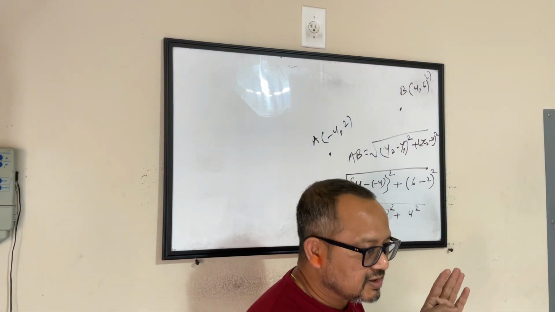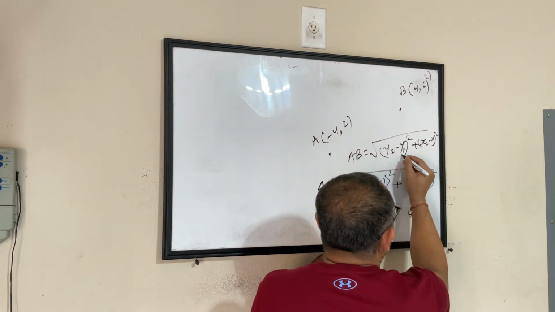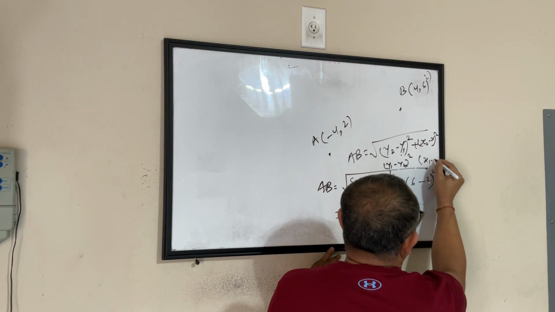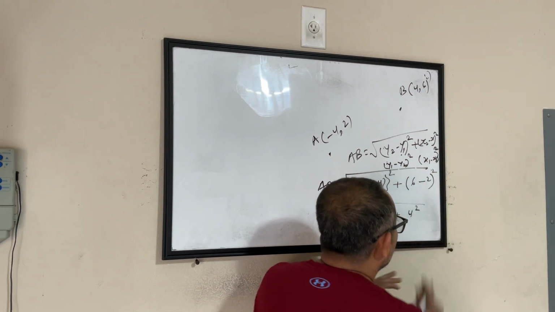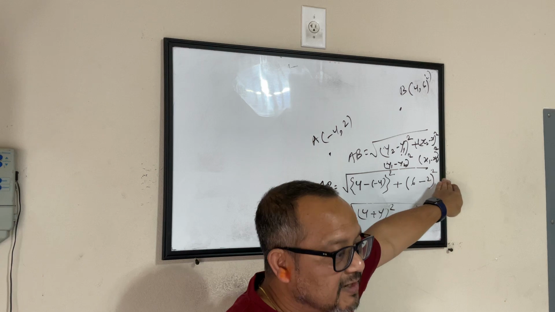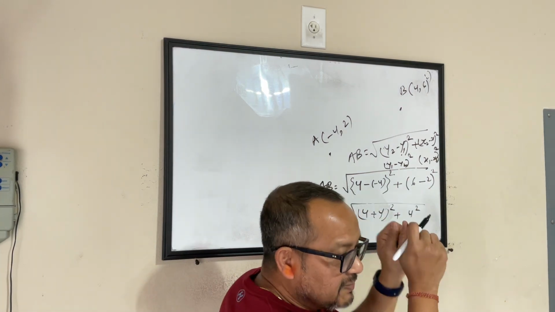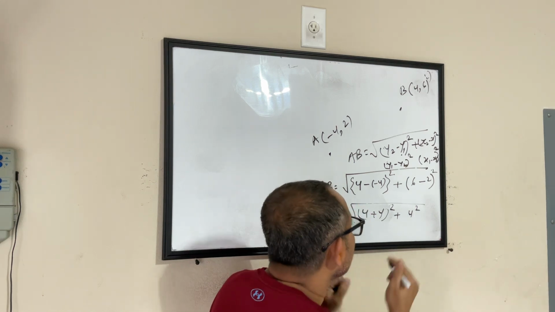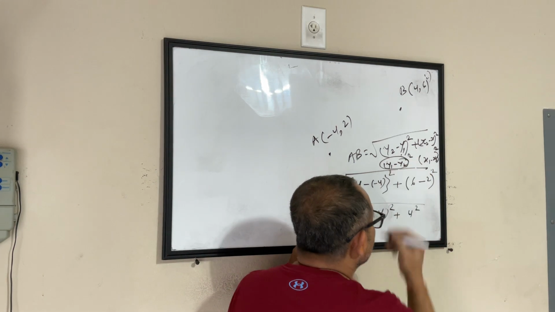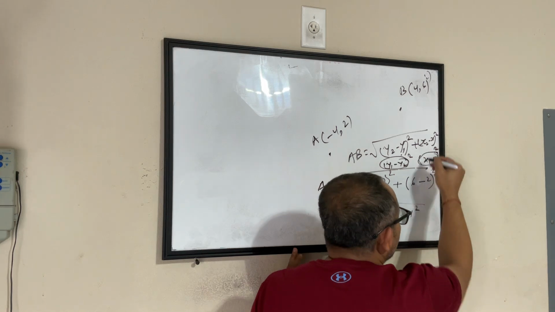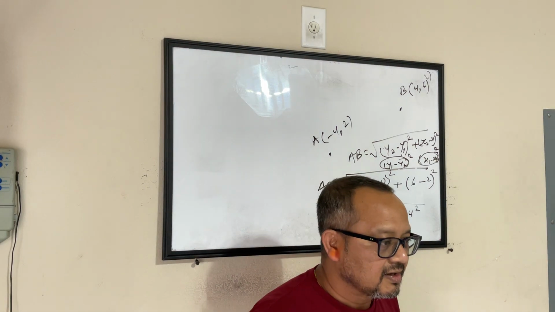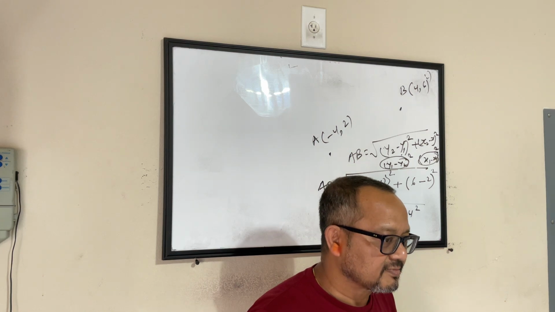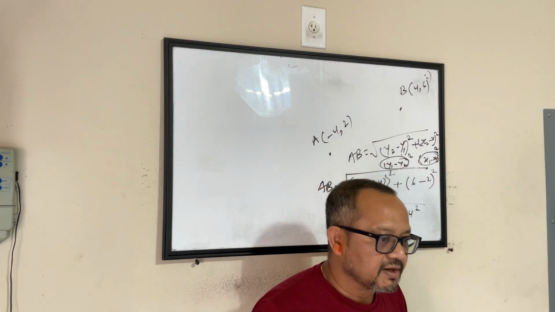Don't worry about it, because ultimately it's a difference of the 2 points. So even if you forget the formula, just find the difference of the y coordinates and the difference of the x coordinates and square them. That's it. Confused? No. Okay.